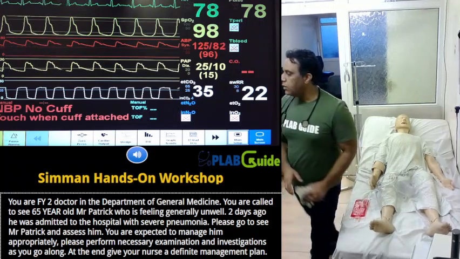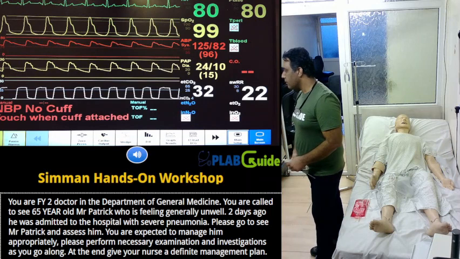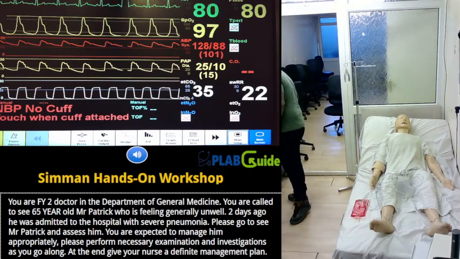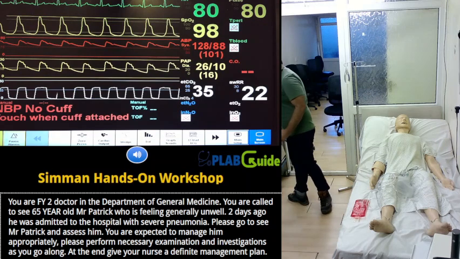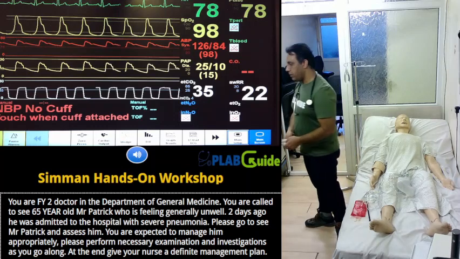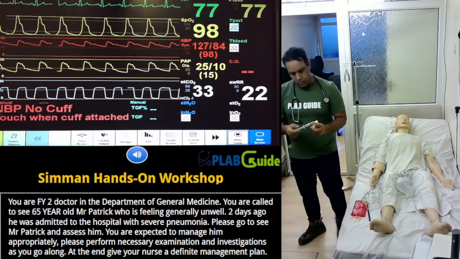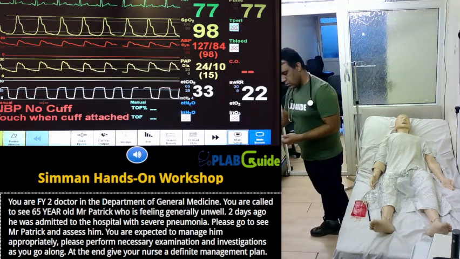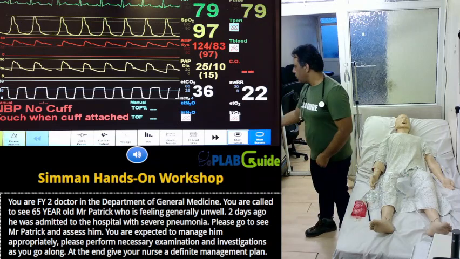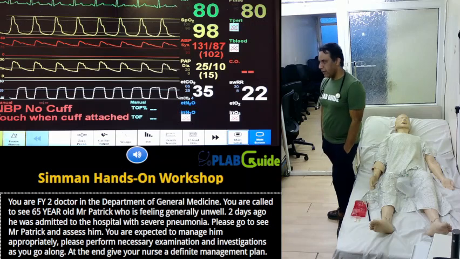Then your examiner may say the cannula is not working, doctor. Then you go and look for the medications. They will be injections like this. They are all empty, most of them, but they have the stickers. You need to choose, and the examiner may ask you, show me what you have given, so you cannot simply pretend.